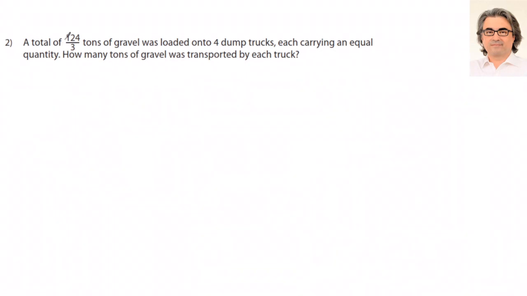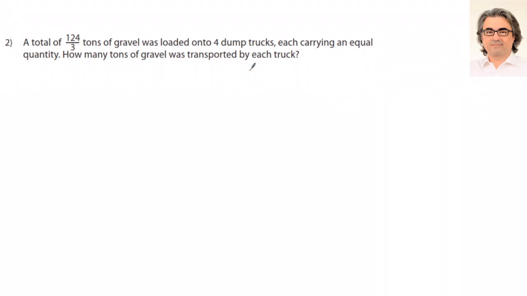A total of 124 over 3 tons of gravel was loaded onto 4 dump trucks, each carrying an equal quantity. So I should share this total amount onto 4 dump trucks equally. How many tons of gravel was transported by each truck? Yeah, it's easy.